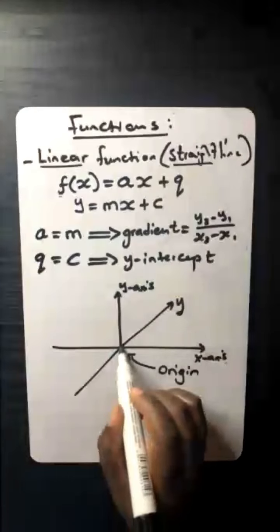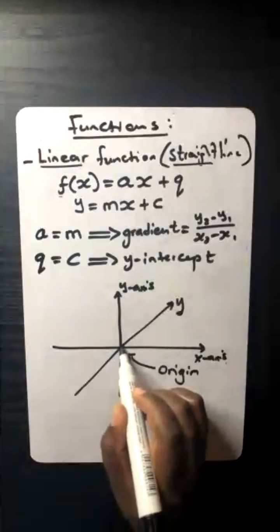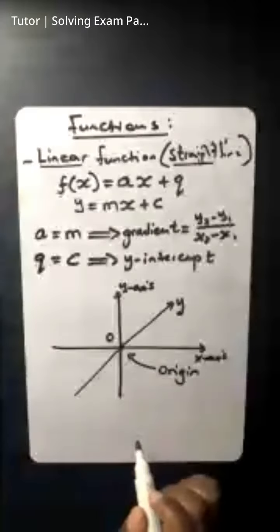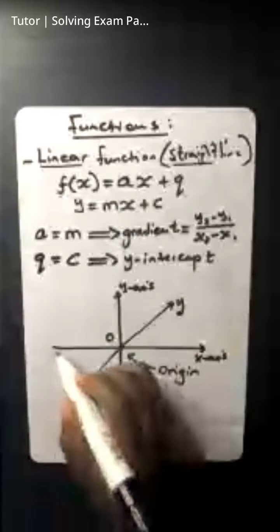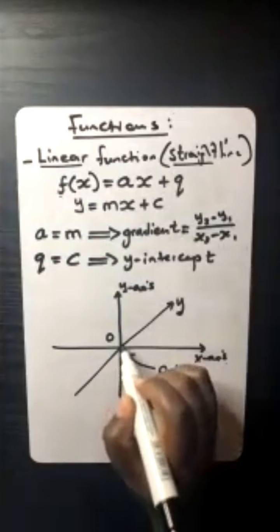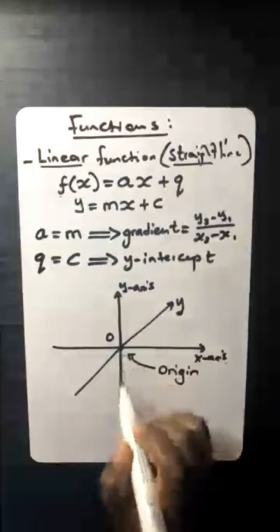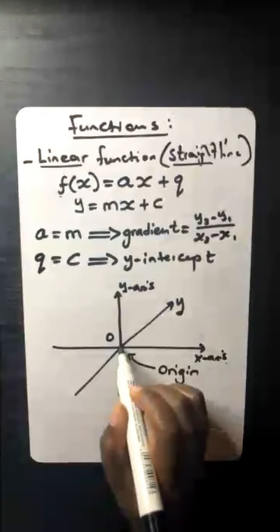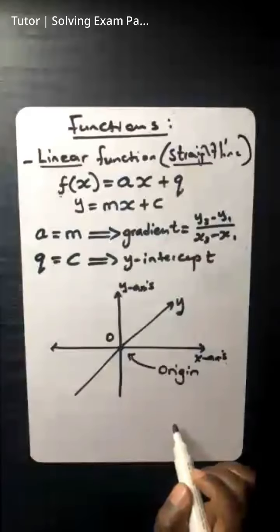So we call that point the origin. That's where we've got 0 on y and 0 on x. So this is the starting point of the y-axis and the starting point of the x-axis. That's why we say it is the origin.